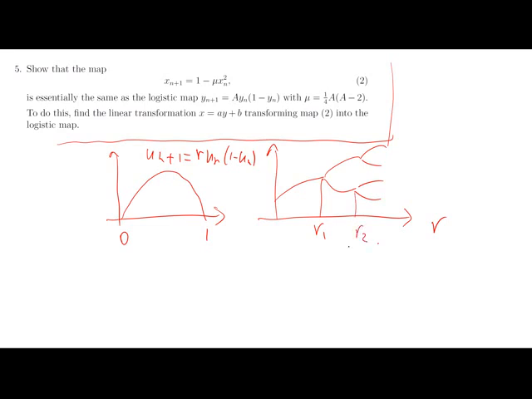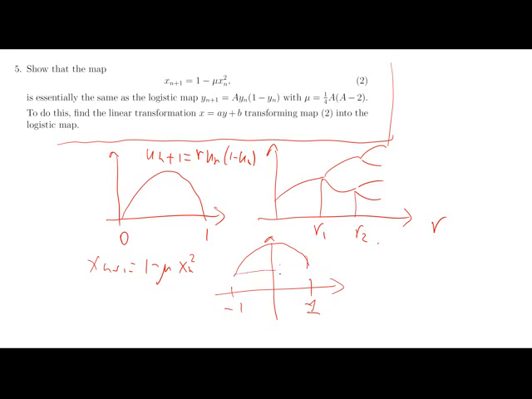And now assume we have this map: x n plus 1 equals 1 minus mu x n squared. For this map, by the way, I didn't plot it. It was defined between -1 and 1, and it is something like this.